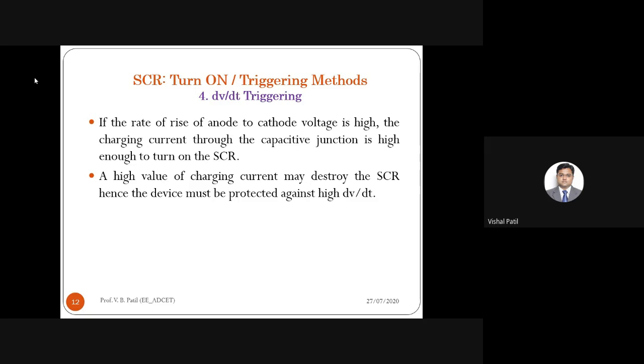Because we know that voltage and current are associated, the rate at which we change the voltage can be increased, so it will increase the rate of capacitive current also, due to which the SCR may be turned on. A high value of changing current may destroy the SCR, hence this device must be protected against high dV by dt. Means what? This method is also obsolete. It is not used that much because it will damage the device also.